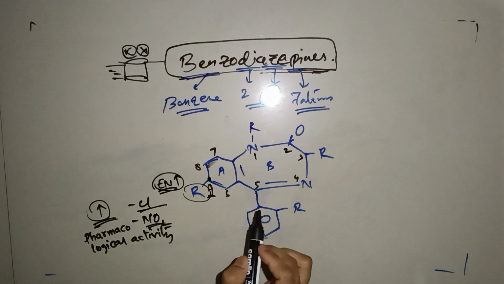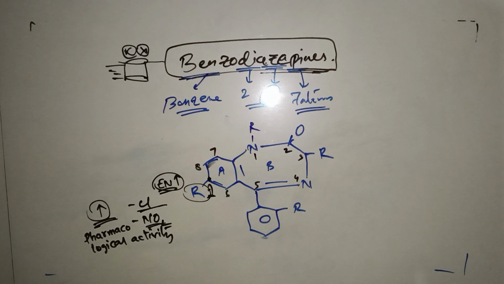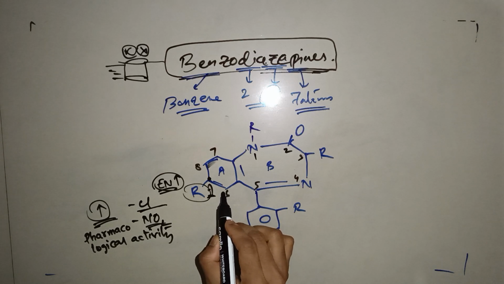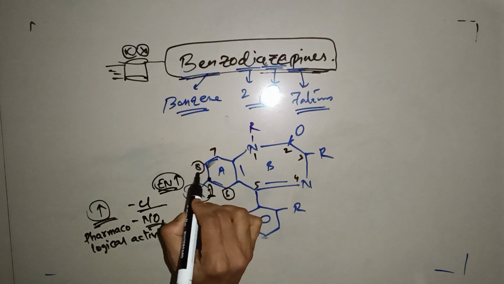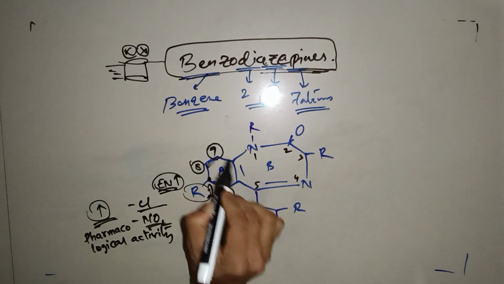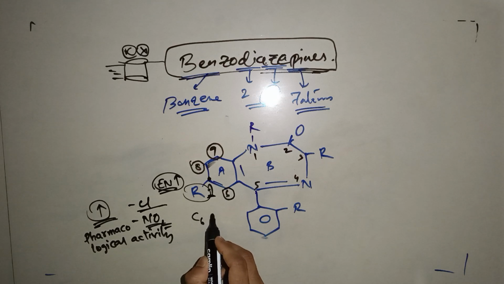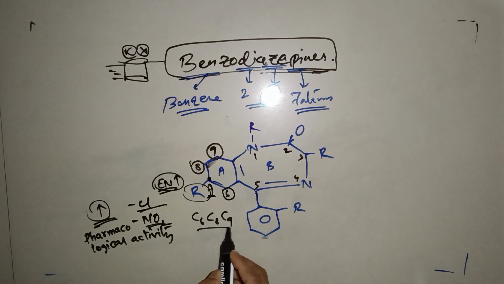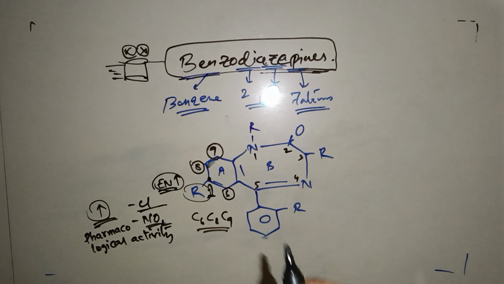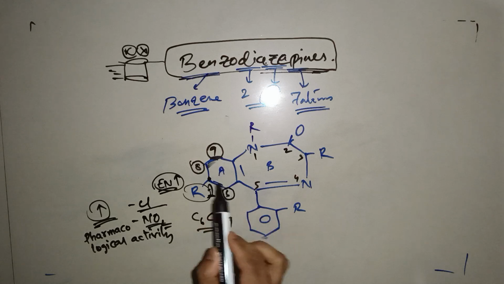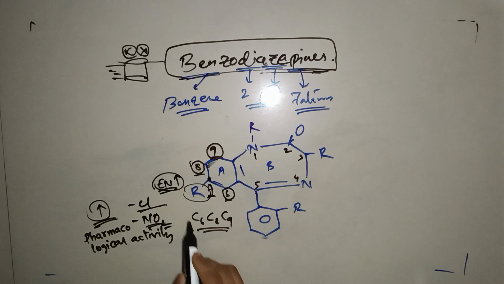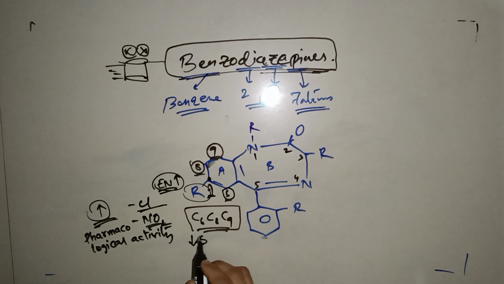Number two, if any substituents are present at the sixth, eighth, and ninth positions, that is C6, C8, and C9, it will lead to a decrease in the pharmacological activity of benzodiazepine.